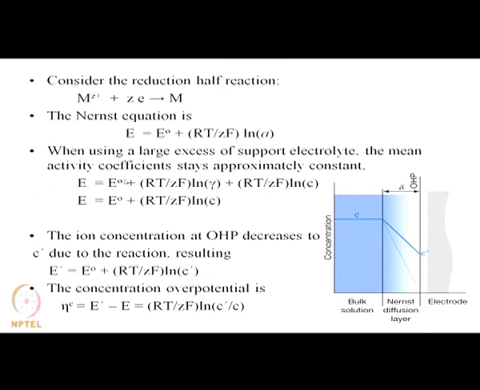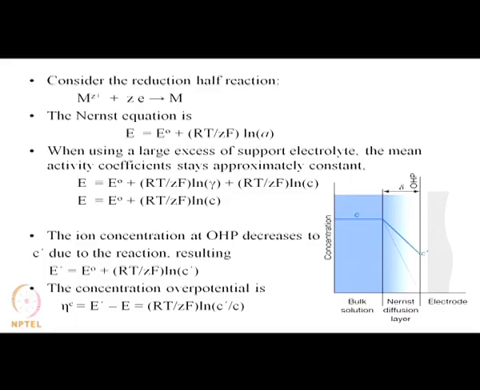When using a large excess of support electrolyte, which, as I told you, is a key ingredient for these experiments, you need background electrolyte. The mean activity coefficient stays approximately constant, because your ionic strength is huge.